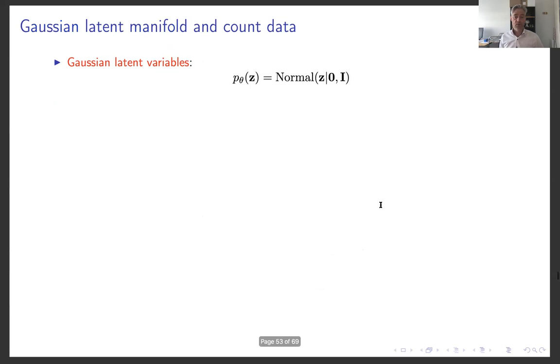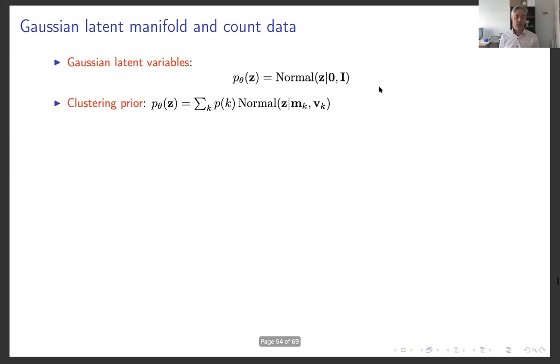So one prior we have seen multiple times now is just a Gaussian distribution over the latent manifold. But if we expect to have some kind of clustering in the latent space, for example, when we talk about our single cell data, it could be that these cells represent different cell populations. So we have some degree of clustering corresponding to different cell populations.